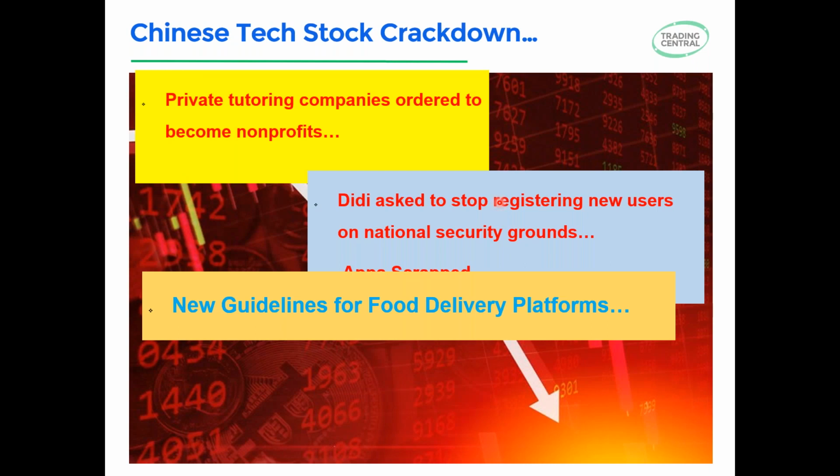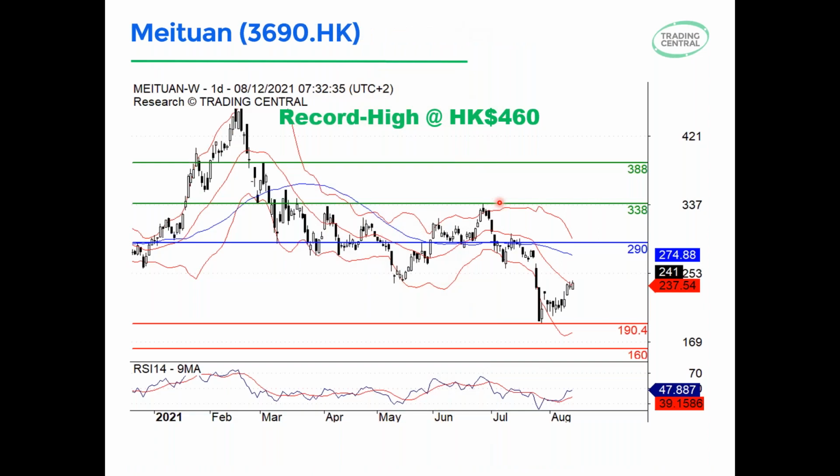We have some more new guidelines for food delivery platforms. Who will be the victim this time? You guess? Yes, Meituan. Okay, listed in Hong Kong, and at the record high back in February, 460 Hong Kong dollars, and then you see in July, from record high to low, 59% downside.